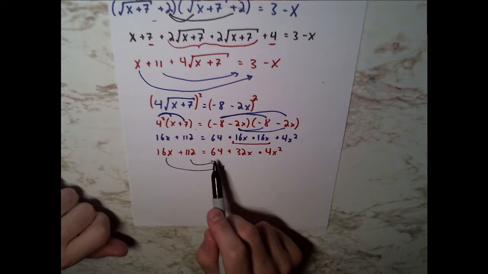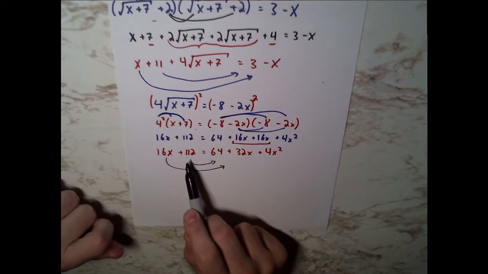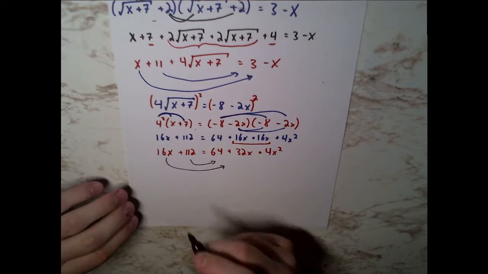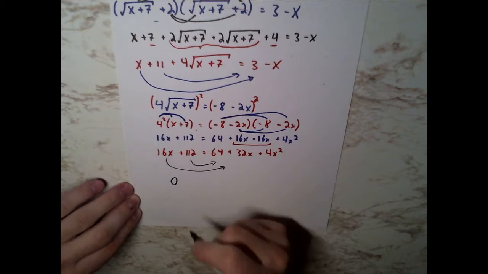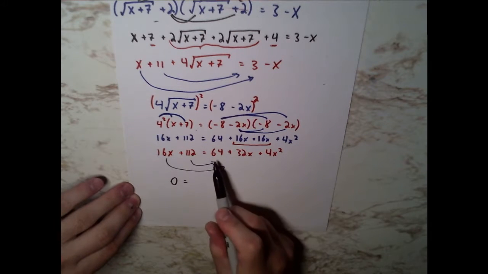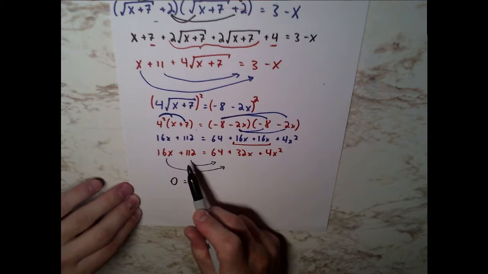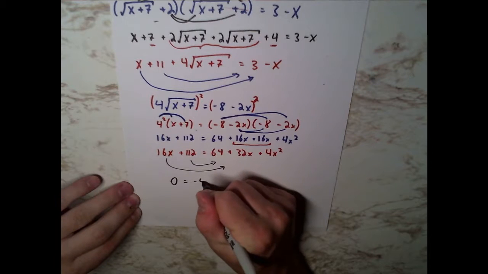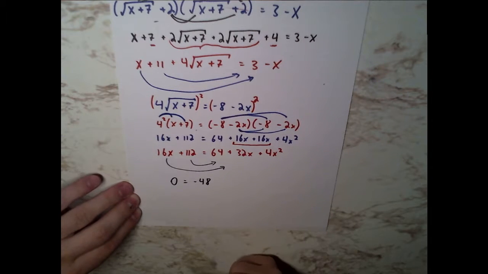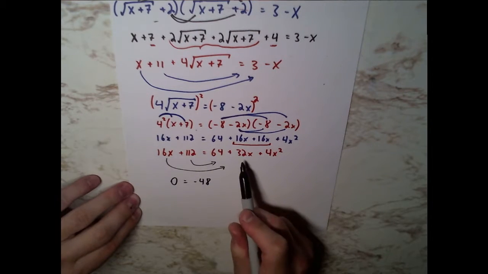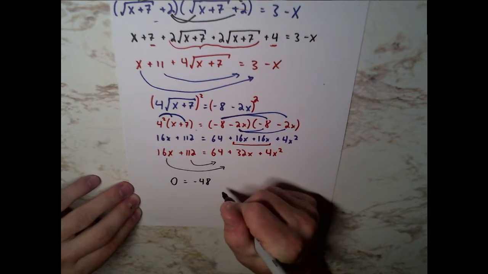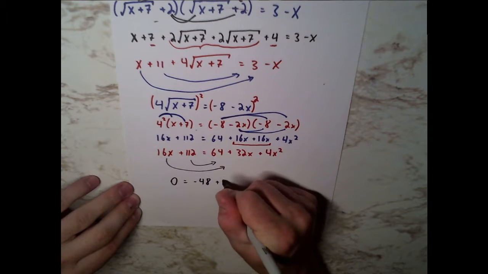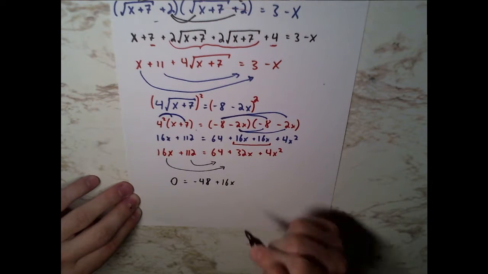So what we're left with is 64 minus 112. So since I'm moving both of these over, we're going to have a 0 on this side of the equation. And then 64 minus 112 is negative 48. And 32 minus 16x is positive 16x.